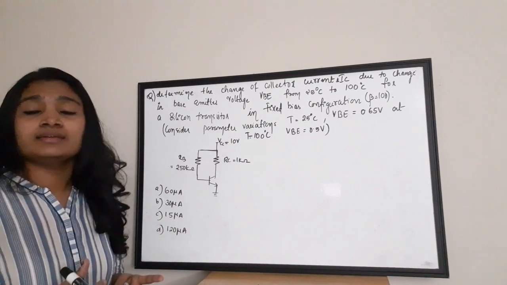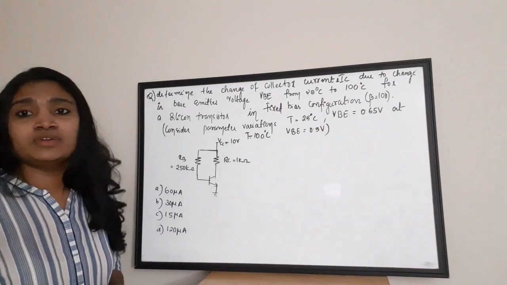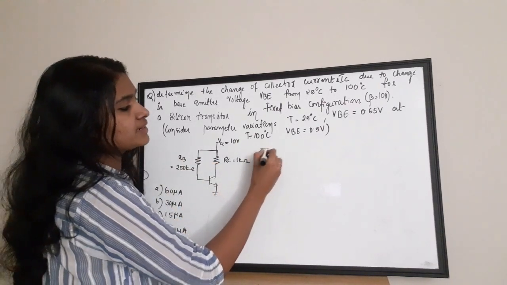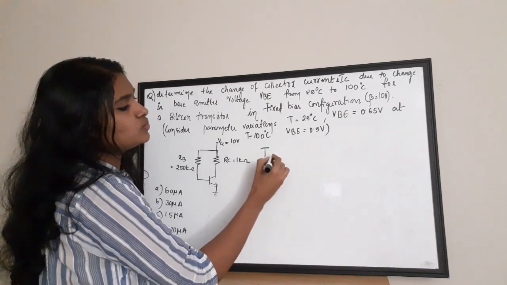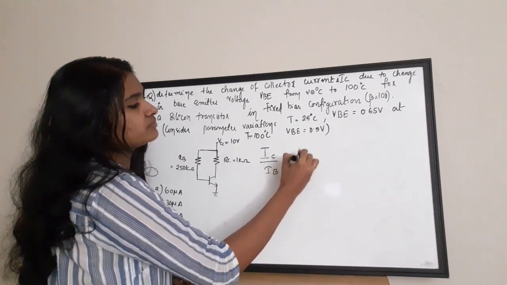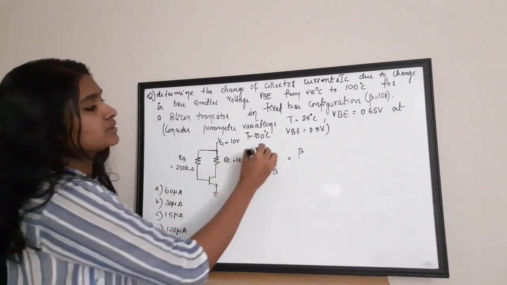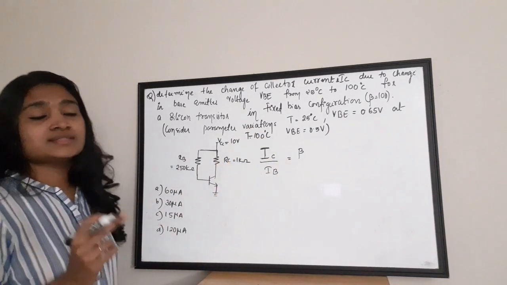The collector current depends on the base current. The relation between them is given by beta, which is IC by IB, the common emitter current gain. Here IC is the collector current and IB is the base current.